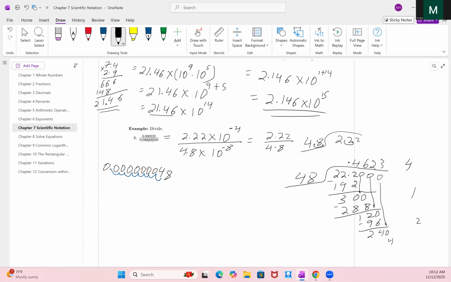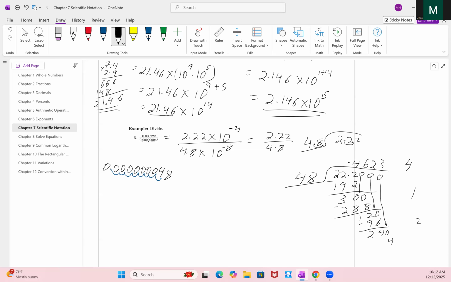So we have 4.625 times 10 to the power of negative 1, because we move it to the right one place, times 10 to the power of negative 4 over 10 to the power of negative 8.